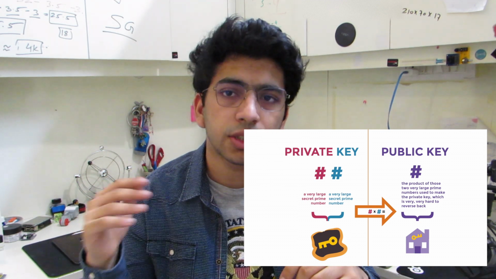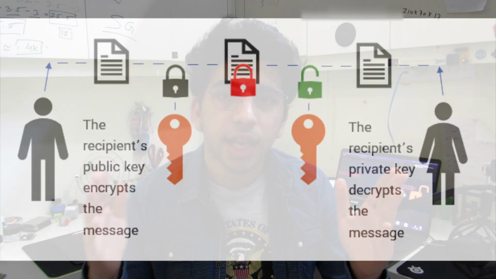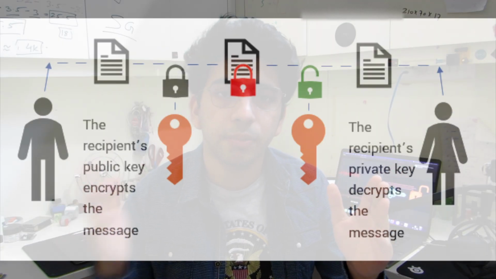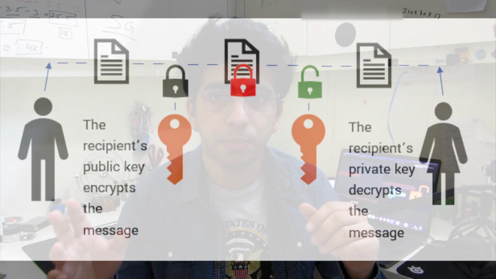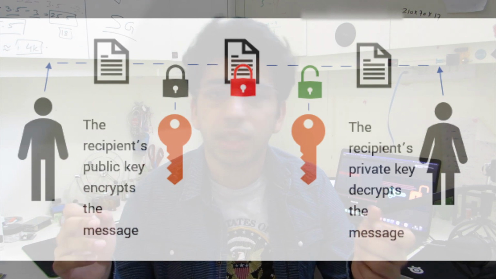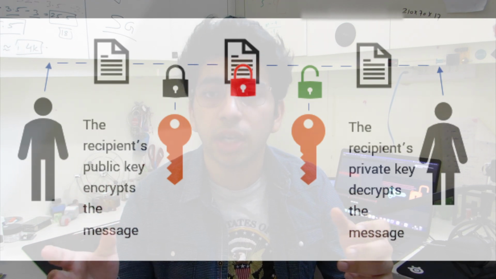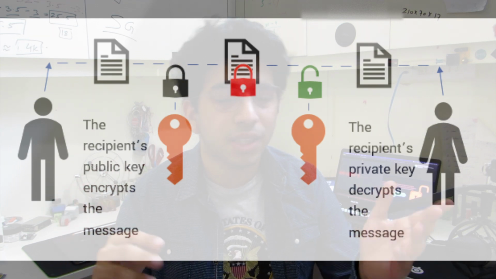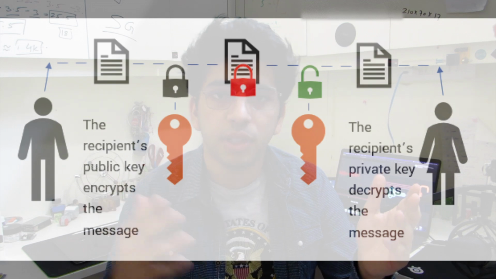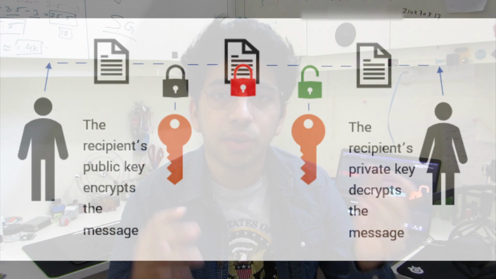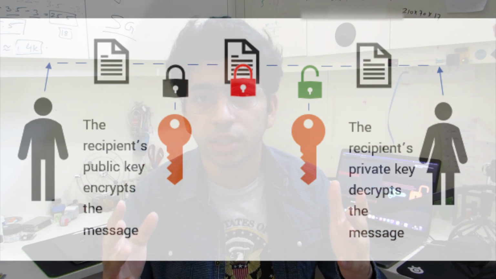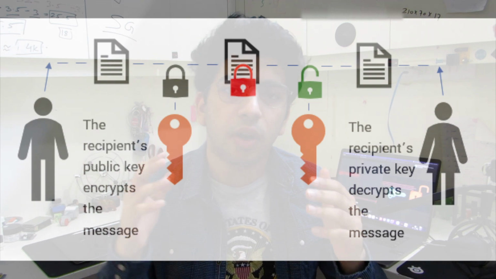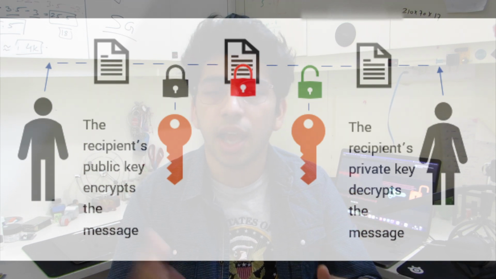Let's say there are two players, A and B. A wants to send data to B, so A will use B's public key, which can be publicly transmitted over the network, and encrypt the data he or she wants to send. Now B will receive this encrypted data and will use his or her private key to decrypt it. In this process, the private key of B has never left B, and the private key of A will never leave A. So if someone wants to send data to A, they use A's public key.